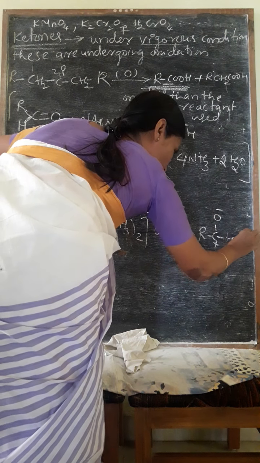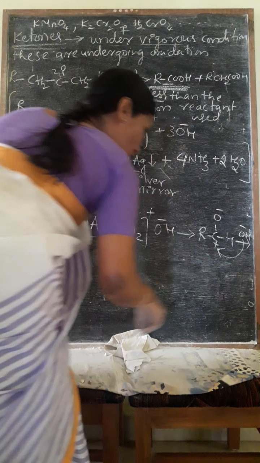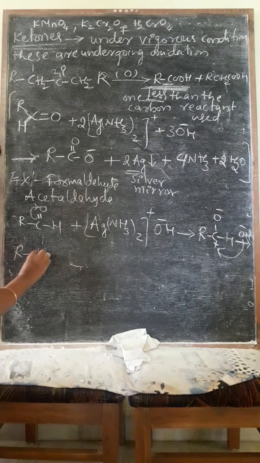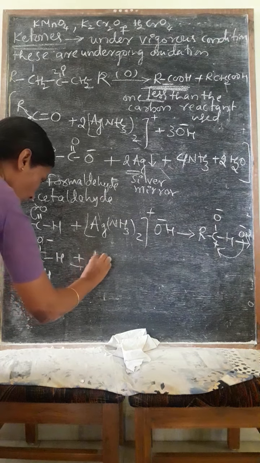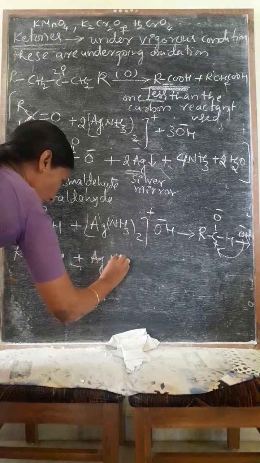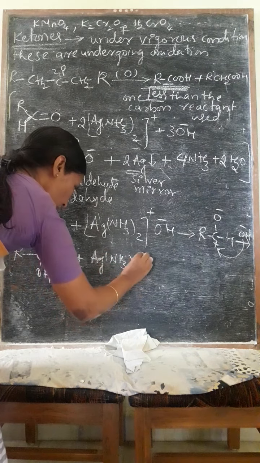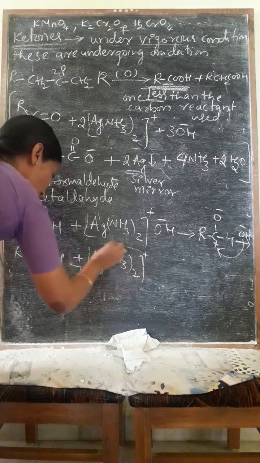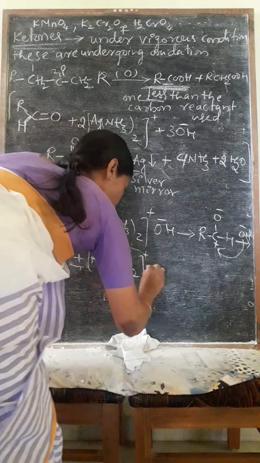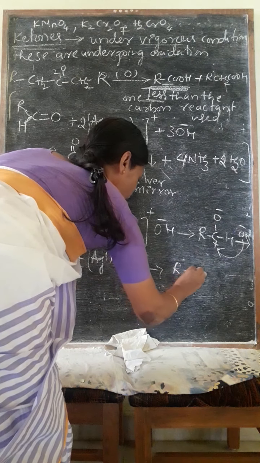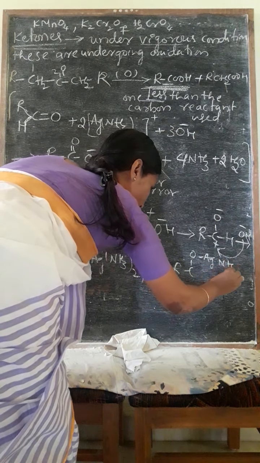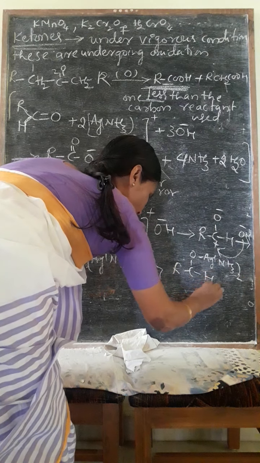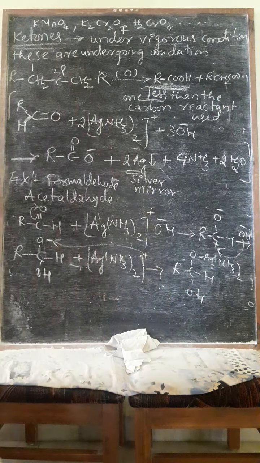Again the OH minus takes the position of C plus. Now it becomes RCO minus. This is OH and this is H plus. The positive part Ag(NH3)2 plus takes the position of O minus. Now it becomes RCOAg(NH3)2, and this is H and this is OH.